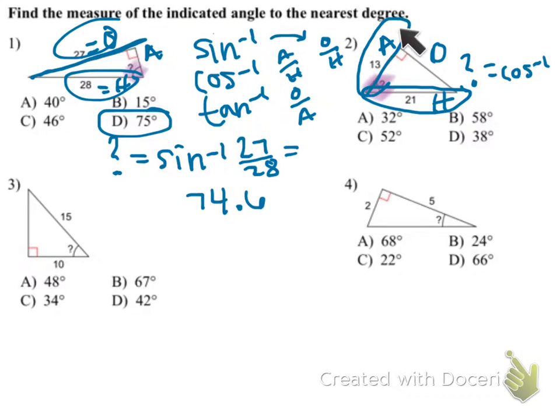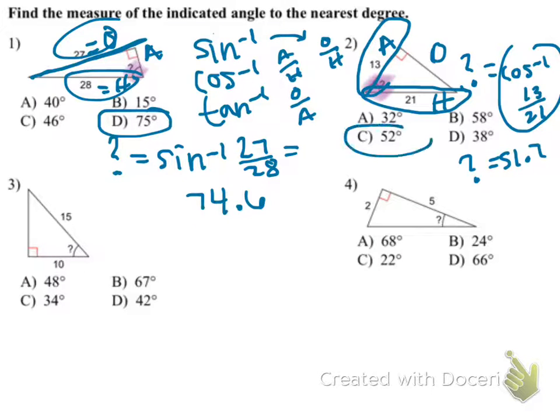Here's my adjacent, which is 13 over 21. I just stick this in my calculator, cosine inverse of 13 over 21. I get question mark equals 51.7, which is closest to 52.